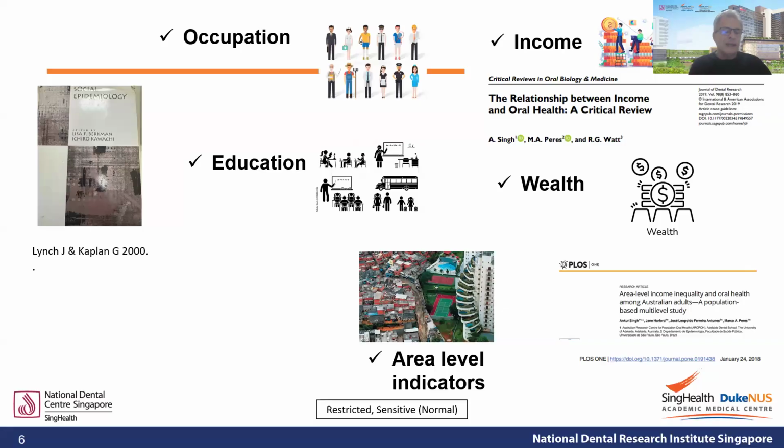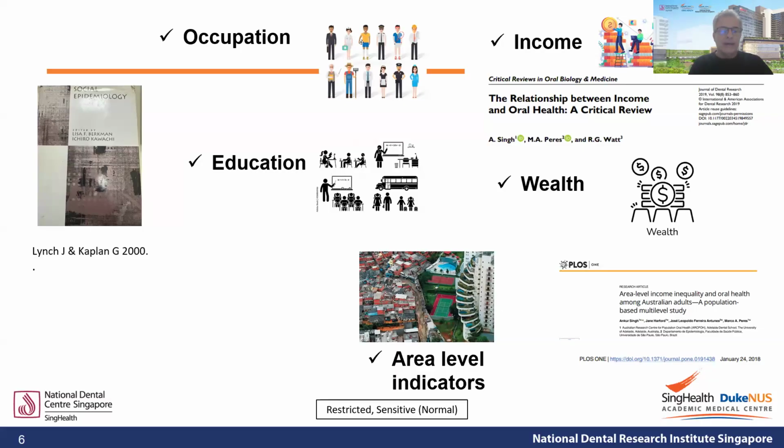So they propose that income and wealth are key indicators of the ability to afford essential goods and services, including food, housing, and healthcare, and they help identify vulnerable groups and track the progress of social and health equity over time. However, income can often be underreported and may fluctuate over time, while wealth data is typically less available than income and educational data in the traditional ways that we collect data.